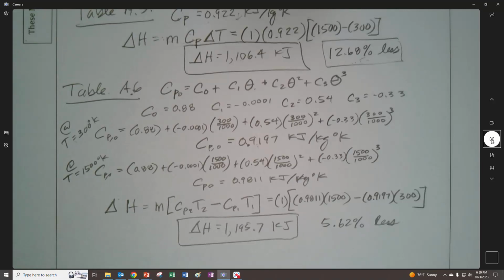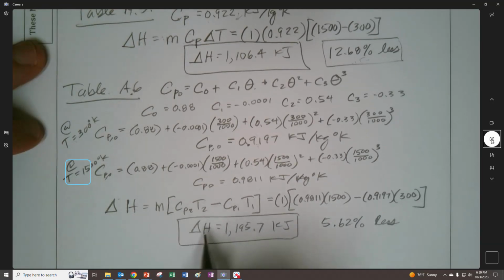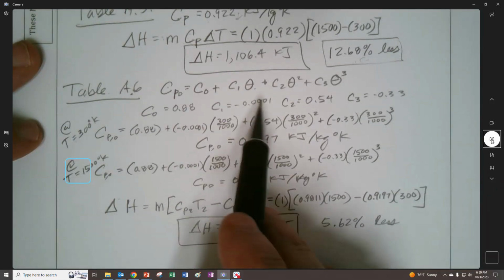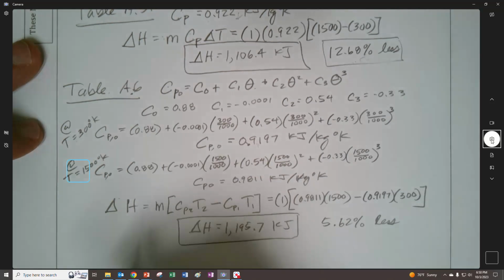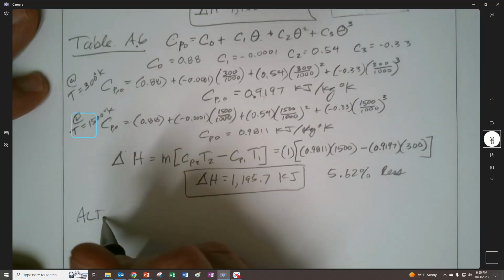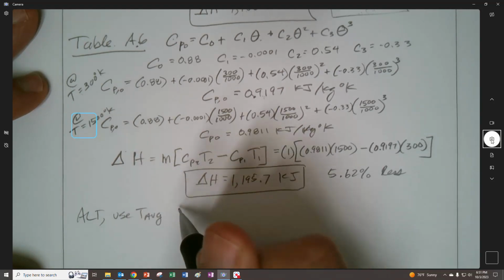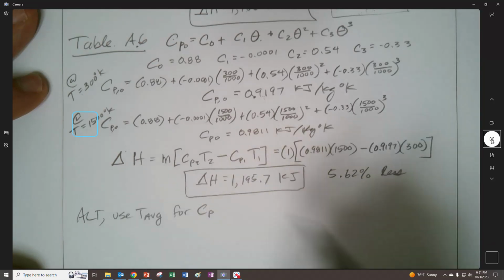Let's try one more thing. Let's now alternatively use the average temperature. So I'm just going to call this the alt. Use T_avg for Cp.